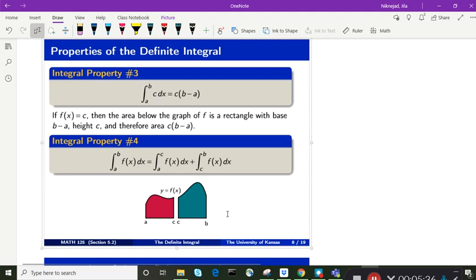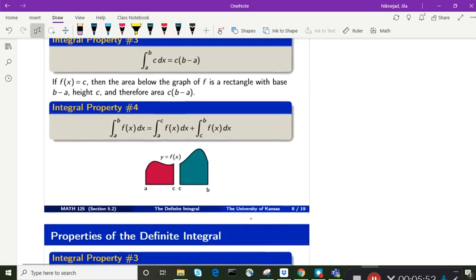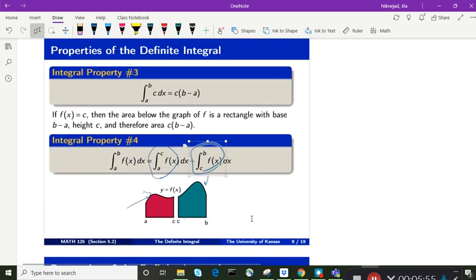And then look at this. One of them, the pink one right here, is this integral, and this one is that integral. See, a to c, c to b. So it broke down into two pieces, basically.